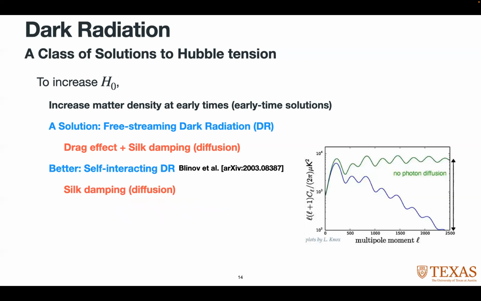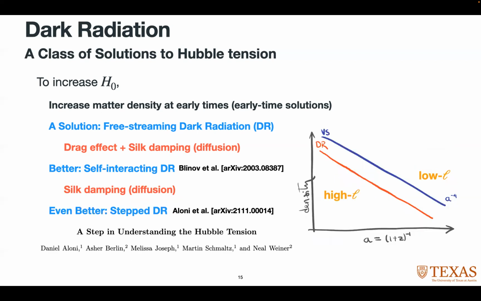And these drag effects can be addressed when we assume that the dark radiation is self-interacting, such as self-interacting neutrinos. However, it still suffers from this problem.